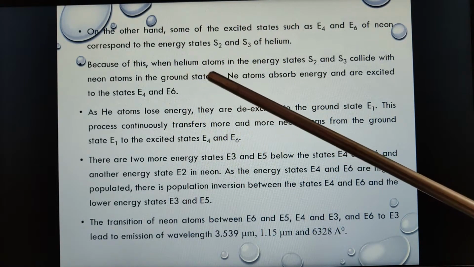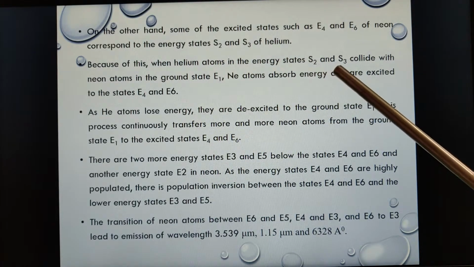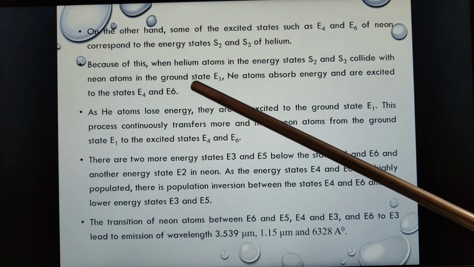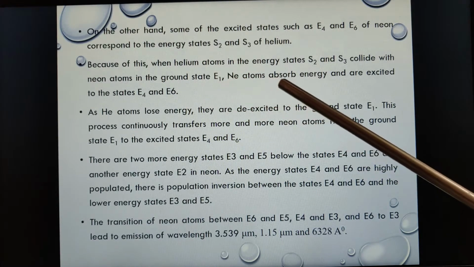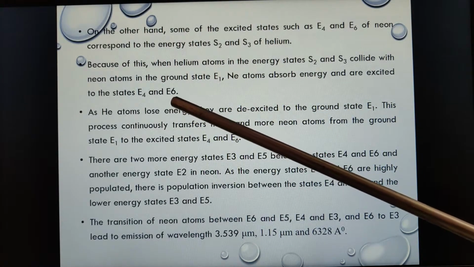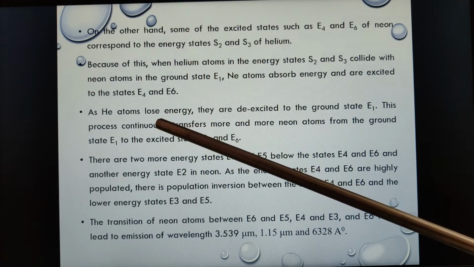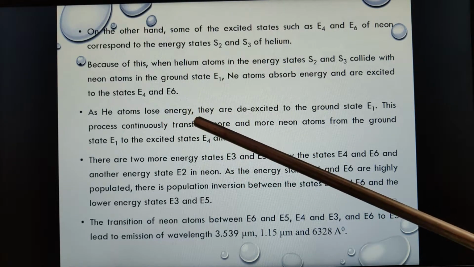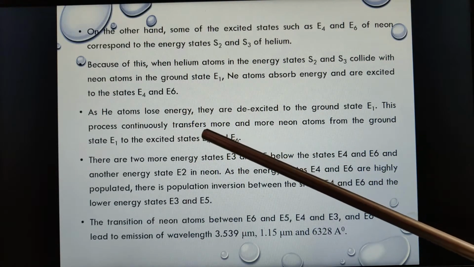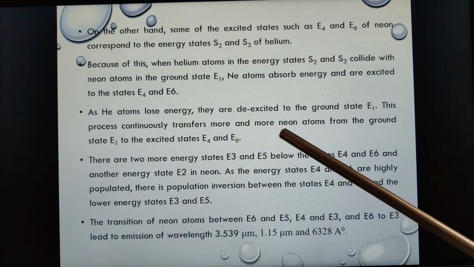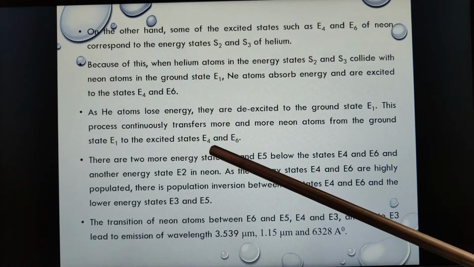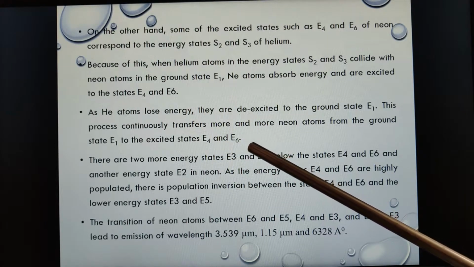Because of this, when helium atoms in the energy states S2 and S3 collide with neon atoms in the ground state E1, neon atoms absorb energy and are excited to the states E4 and E6. As helium atoms lose energy, they are de-excited to the ground state. This process continuously transfers more and more neon atoms from the ground state E1 to the excited states E4 and E6.